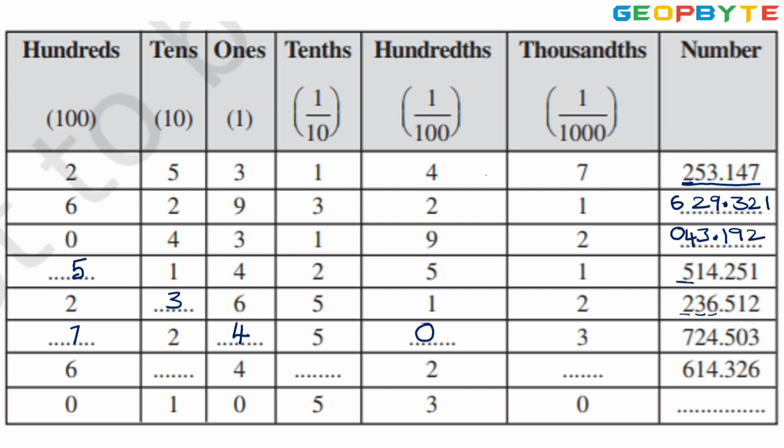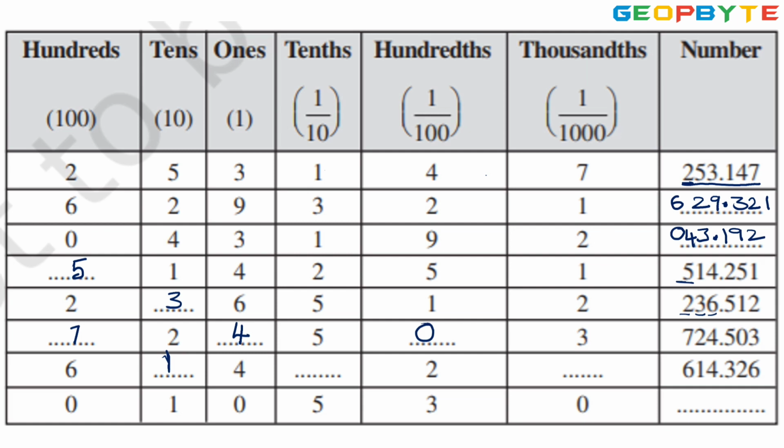Next, we are having 614.326. 6 is at the 100th position. Next, 1 is at the 10th position. So 1. Then we are having 326. Now 3 is at the 10th position.